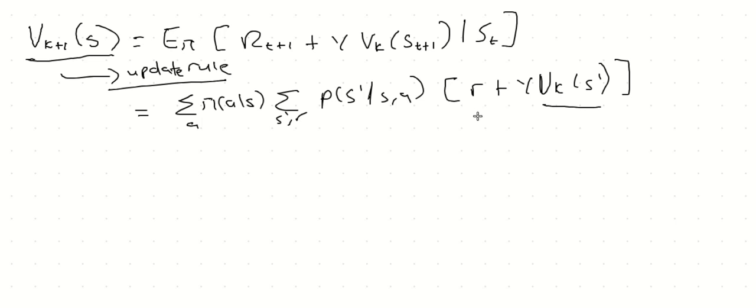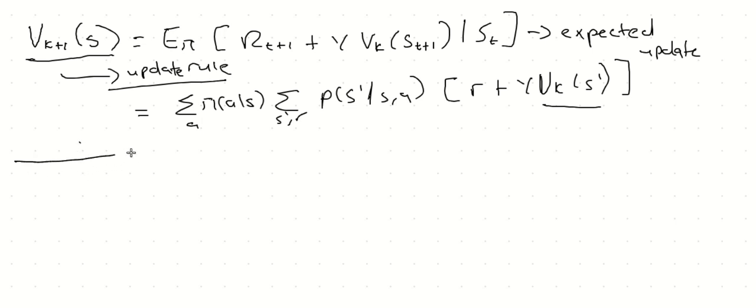We're looking at the previous value and so forth. This is what we call the expected update. That's another name for this update rule. So this is our update rule for this kind of value iteration, policy iteration problem.